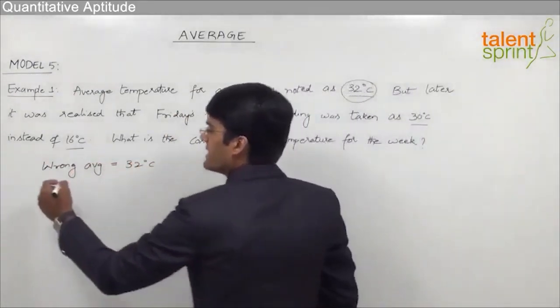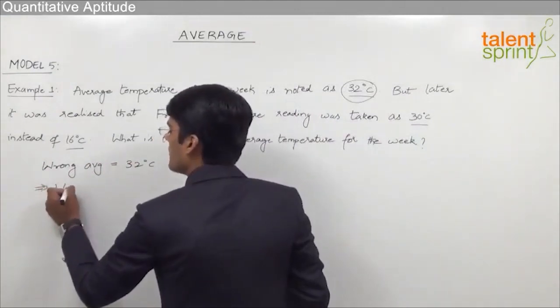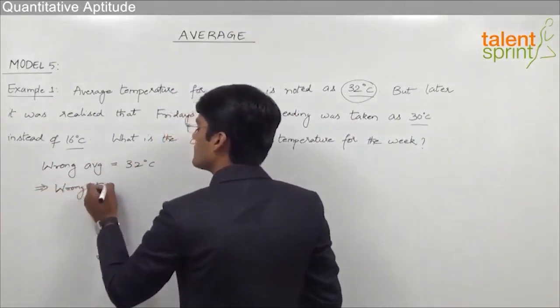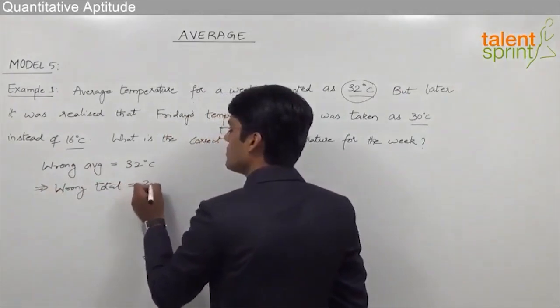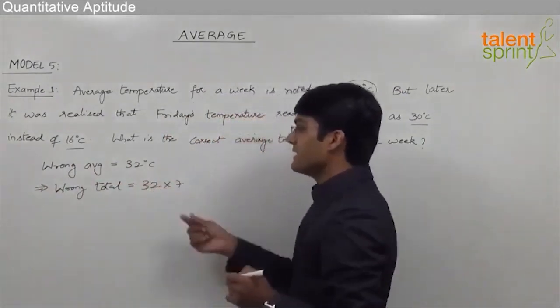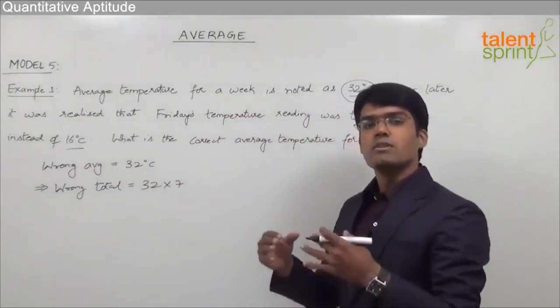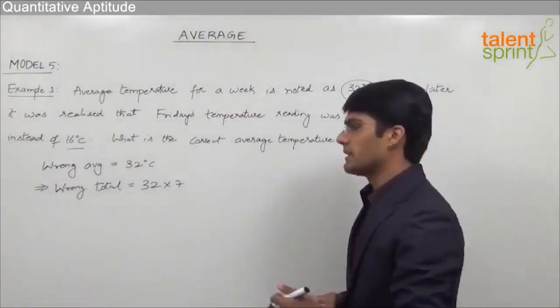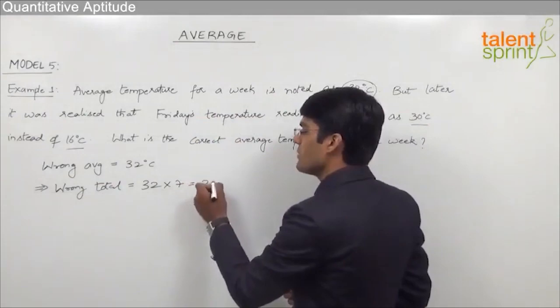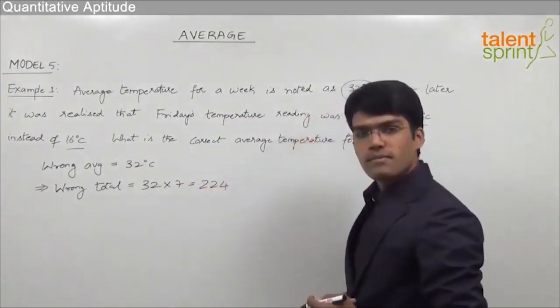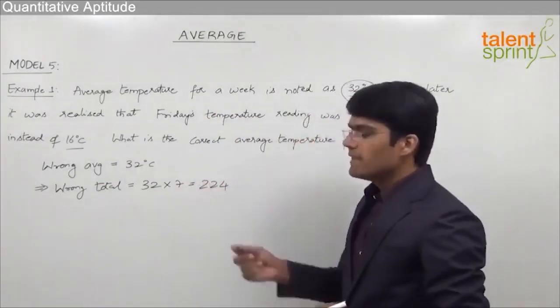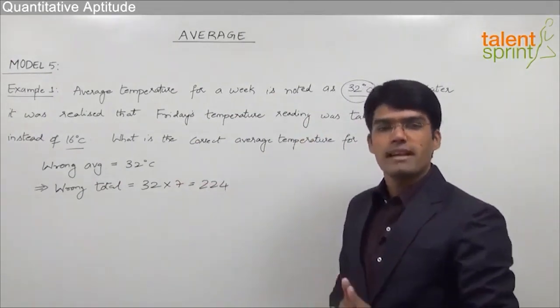Now from this we can say that the wrong total of all the values should be equal to 32 into 7, as there are 7 days in a week. So 32 into 7 will give you the total of all the temperatures for that week, and 32 into 7 is equal to 224. Now from this wrong total, let us first find out what should be the correct total.